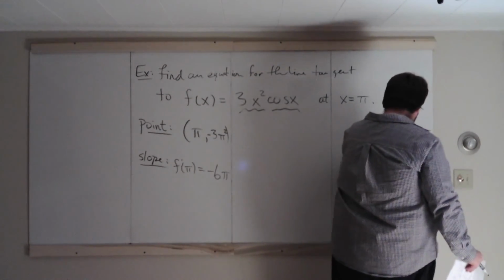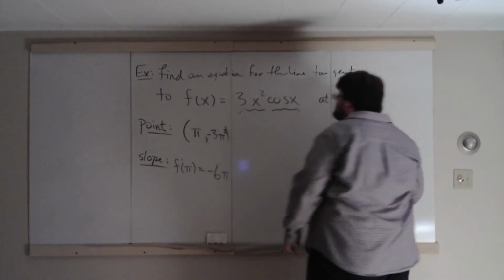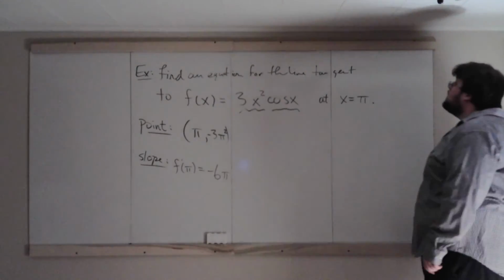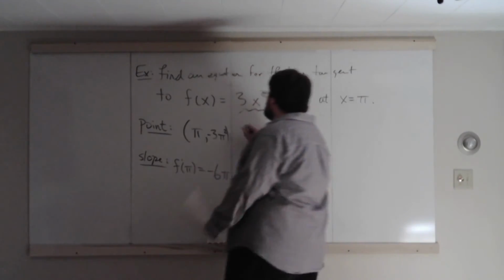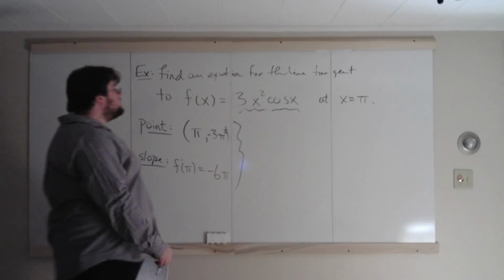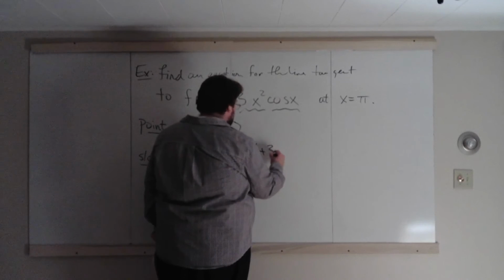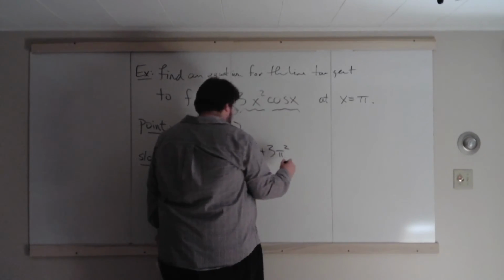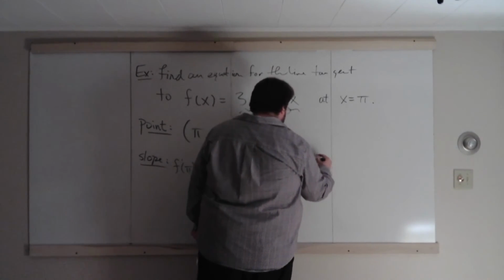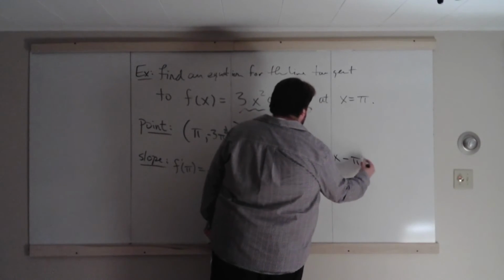Well, that was a lot of work to not get full credit. To get full credit, we would need to write this as a line equation. So y minus the y value equals slope times x minus the x value.